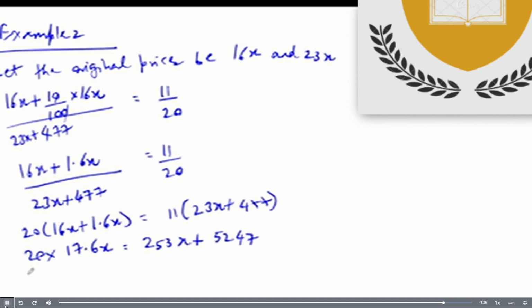Then we have 20 into 17.6, which is 352.